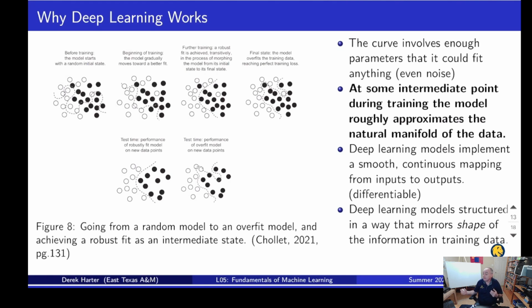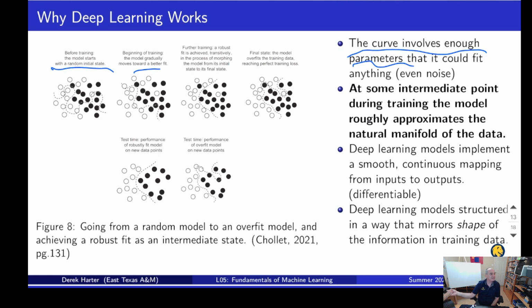So, once again, the curve that we're training in a deep learning model involves enough parameters that it can fit anything, okay? Before training, we start with just random initial weights, so the decision boundary in this case is meaningless. As we gradually train the model, it moves closer and closer towards a better fit.